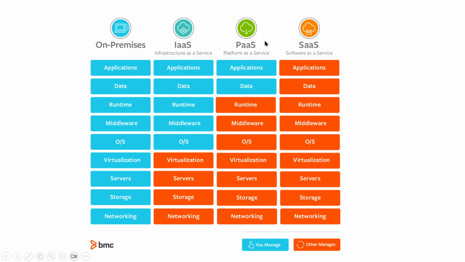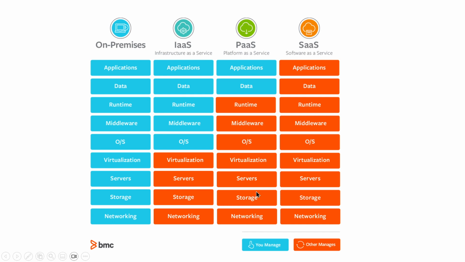So on platform as a service, you are responsible for installing the applications that you're going to use, and you're also responsible for the data. The cloud service provider would be responsible for installing the operating system, setting up the servers based on your requirements, of course, ensuring that the networking is done, things like that.